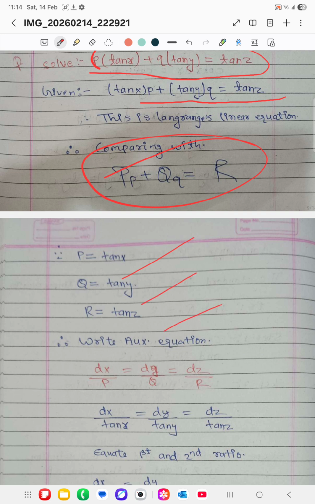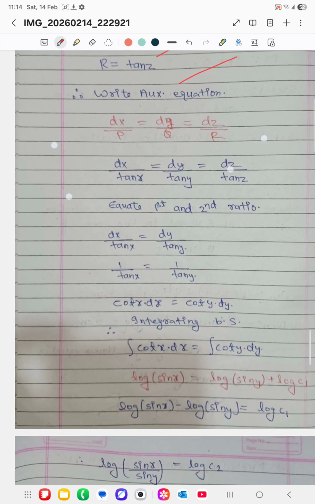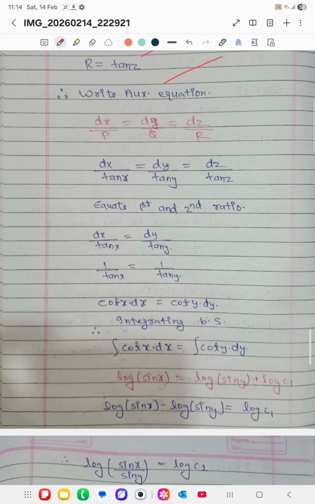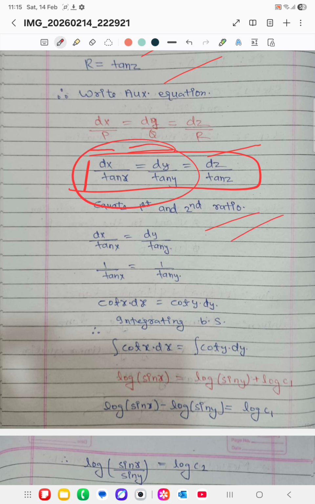Okay, and after that write the auxiliary equation. By the auxiliary equation, that is dx by P, dy by Q and dz by R, and that looks something like that. Okay, and by equating the first and second ratios, by equating only these two ratios, we find dx by tan x and dy by tan y.